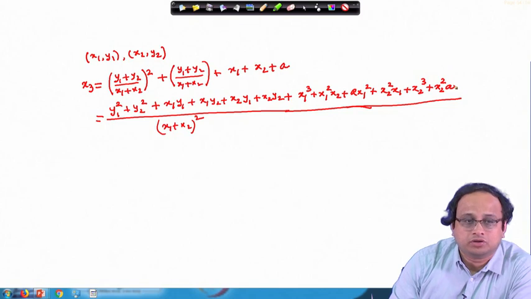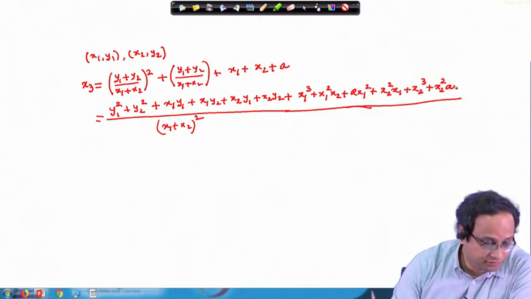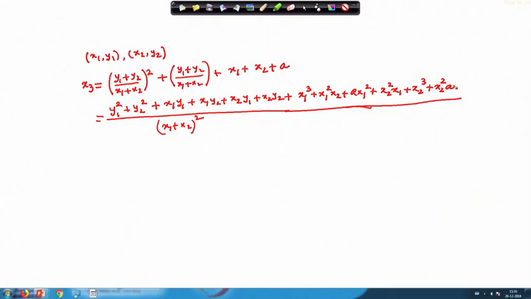Maybe you can verify this. Note that x1 comma y1 and x2 comma y2 are points on the curve.